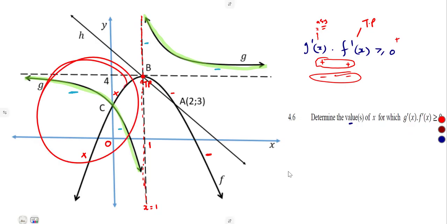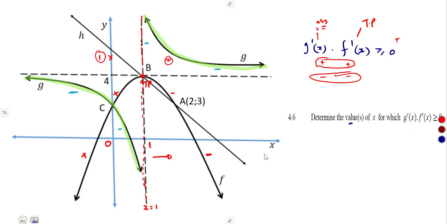All right. On the left side, we can see that one is negative. Its derivative is negative and the other one is going up, positive. So this region, we do not want it because we need when both are positive or negative. So the first region is out. We compare the second region from 1 going to the right side.